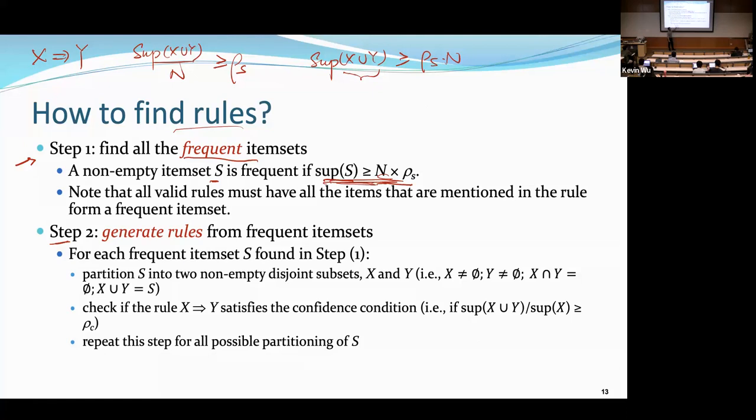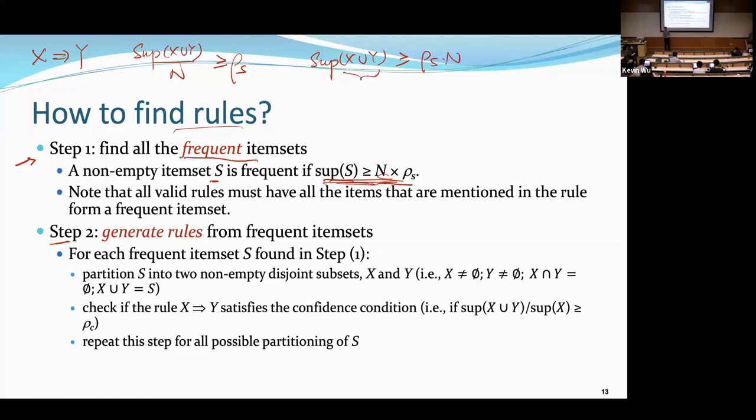Now what we need to check is whether this rule satisfies the confidence condition. Wait, for a rule like this, do we need to check its support conditions as well? Well, the support conditions should already be satisfied, because X and Y come from S, and S is a frequent item set. So we know that this rule must already satisfy the support condition.